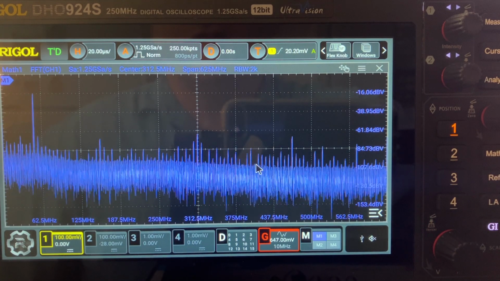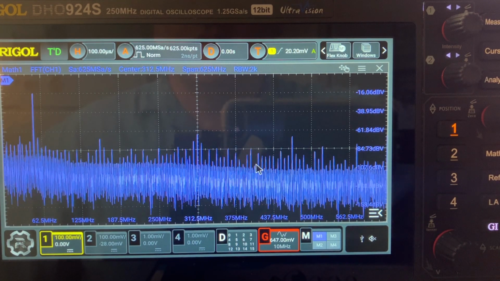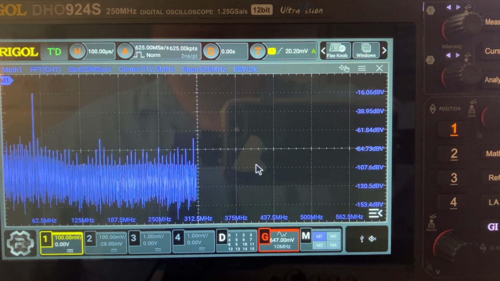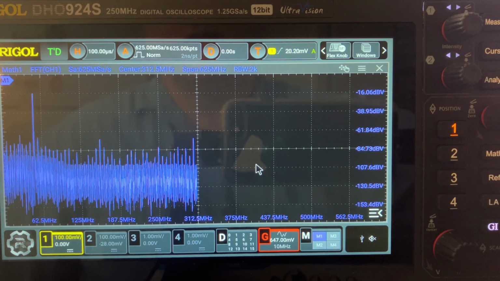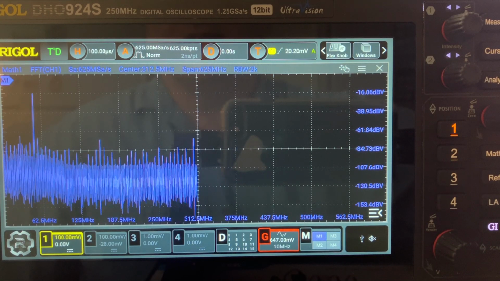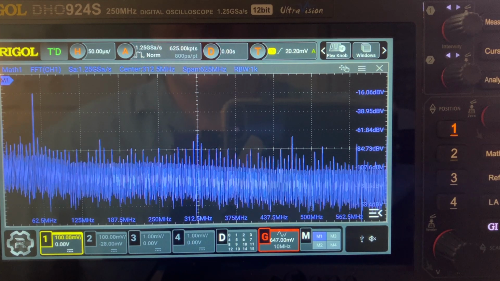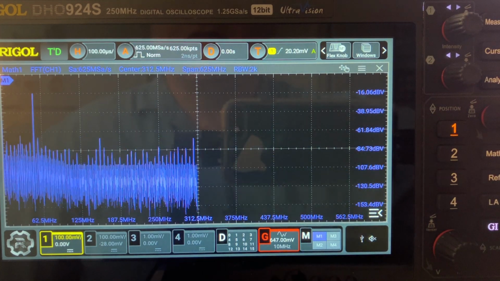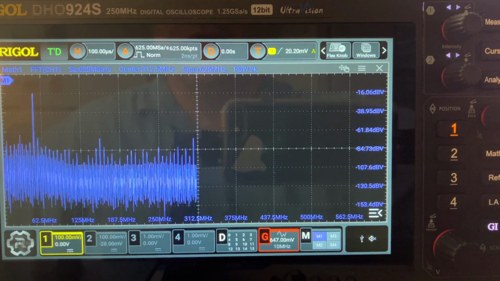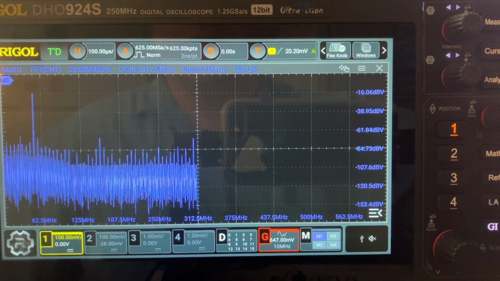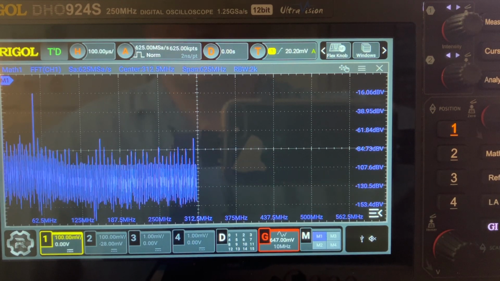So 250, 625 kilopoints, and if I try to add more points, it does not add more points, it reduces the sampling rate. So it's 625 instead of 125 gigasamples, but there is not enough memory to put 100 microseconds per division to record the sine wave on the time display.